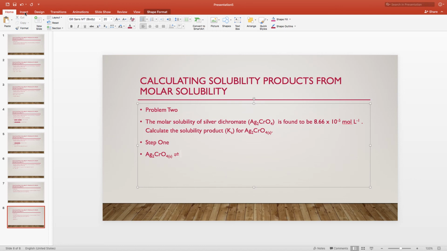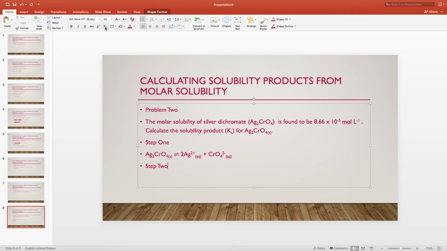we're going to get 2 moles of silver ions this time. So for every mole of silver dichromate that breaks down, we're going to get 2 moles of silver ions and 1 mole of dichromate ion. Step 2 is going to be just writing the Ks expression.